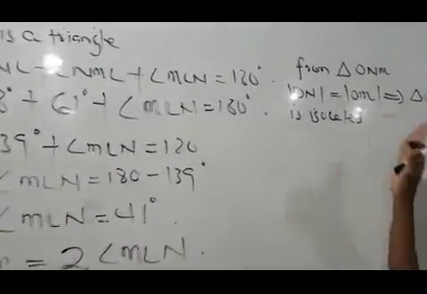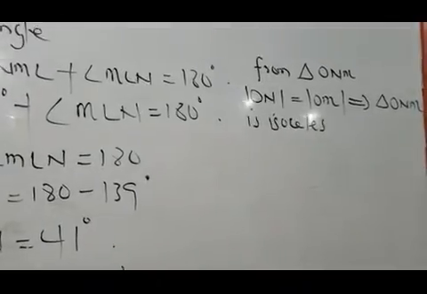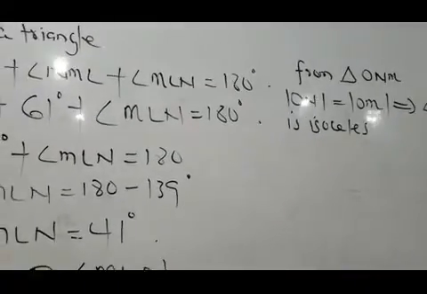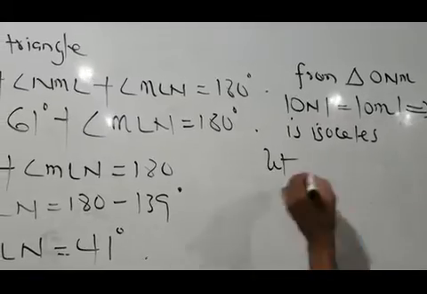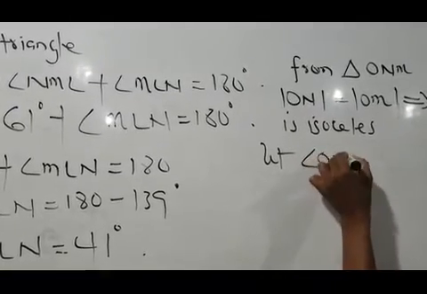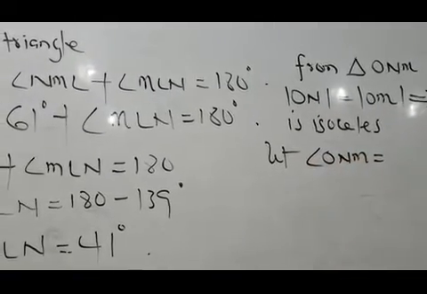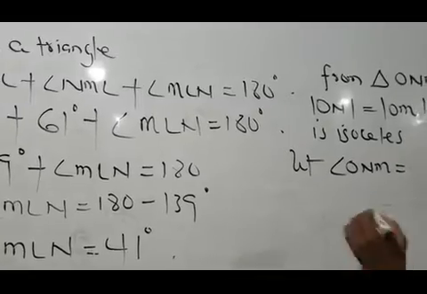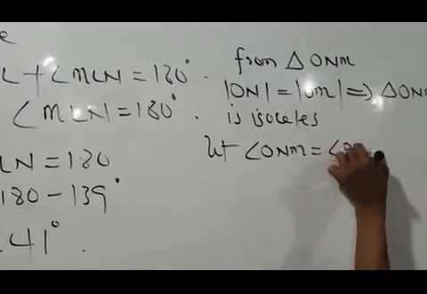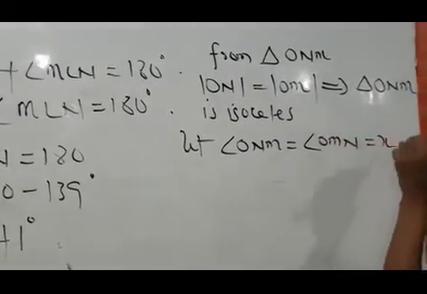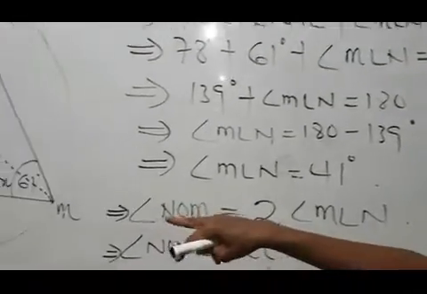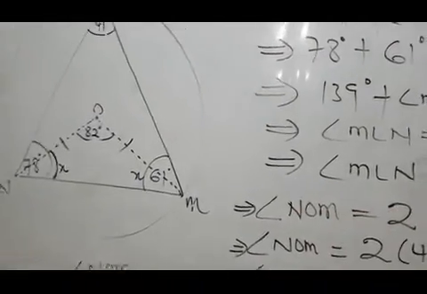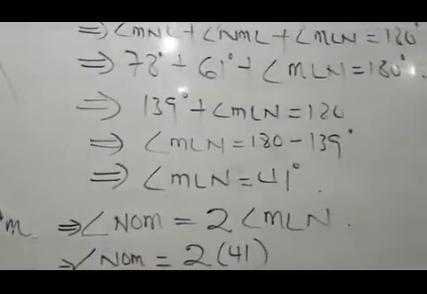Now, if the two lengths are equal, then it means that the base angles will also be equal. So we let the base angles, which is angle ONM, equals angle OMN, and is equal to x. So as we've demonstrated in the diagram, we want to use x for the base angles. So we are letting the base angles be x.